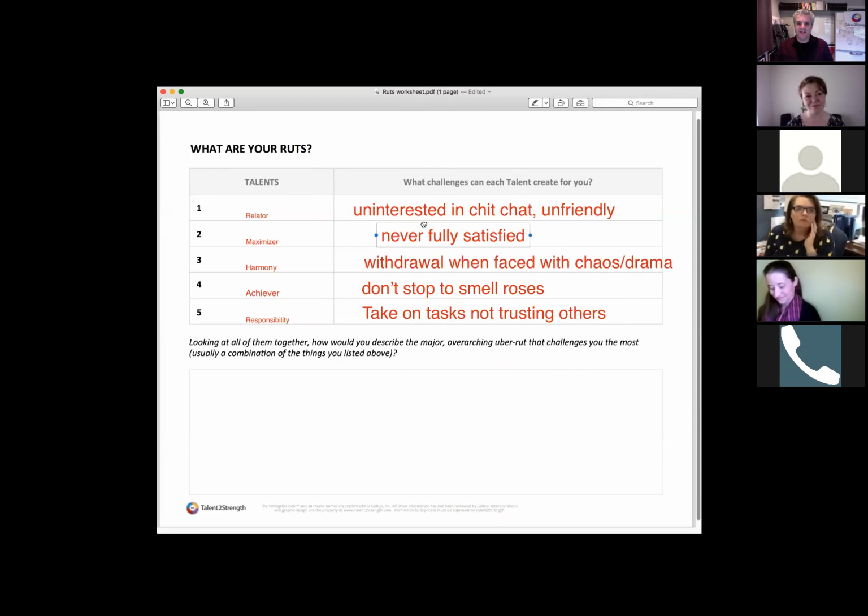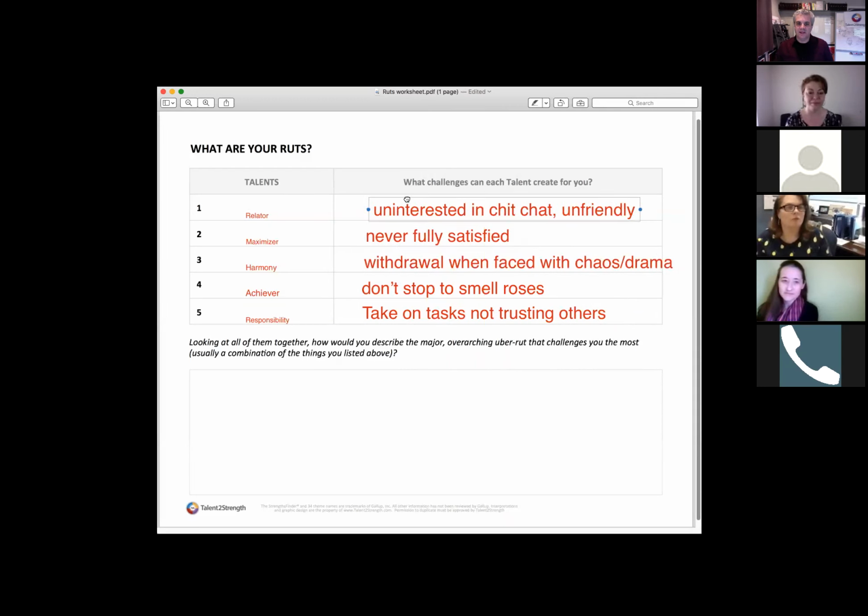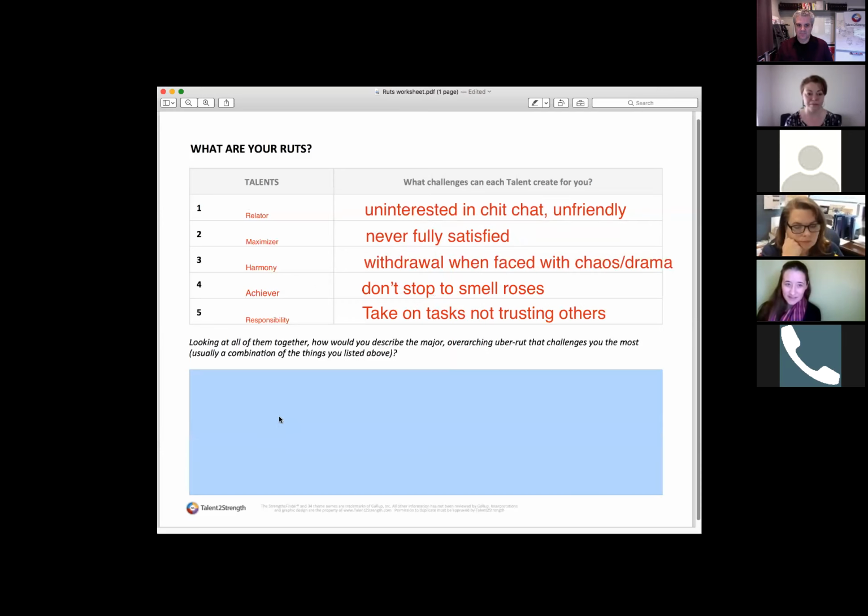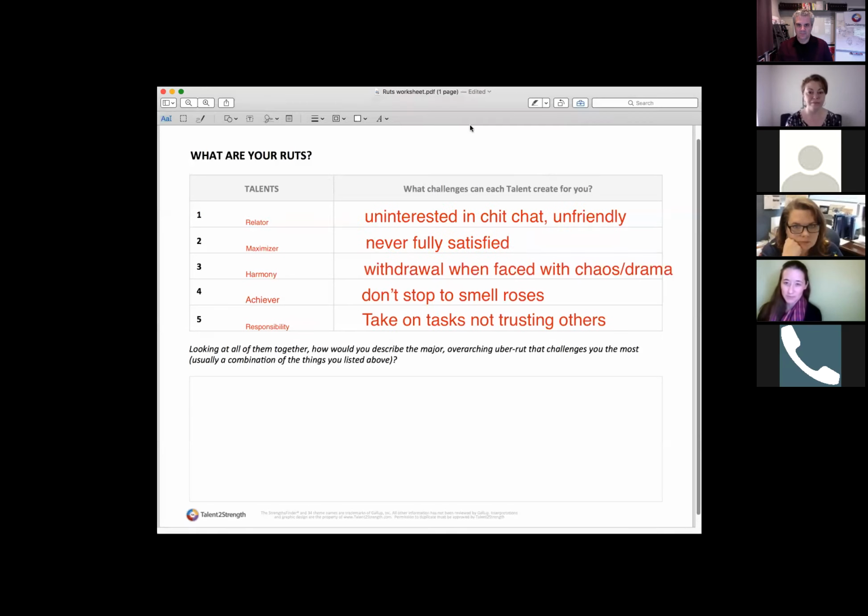Do you see potential ways that these ruts intersect that might lead to an Uber rut? I can see the relator and the achiever, and probably the harmony answer all possibly not being present in the moment. Okay.